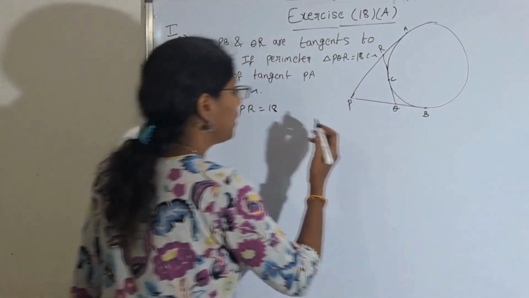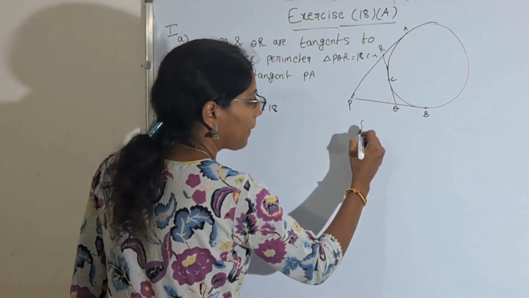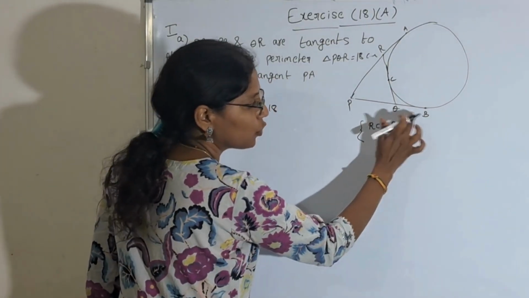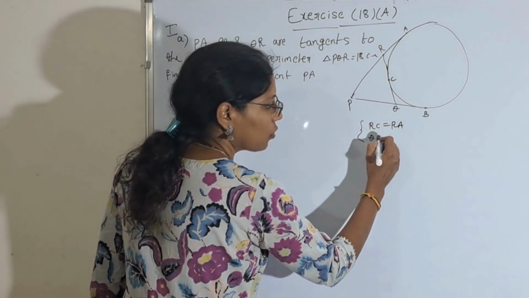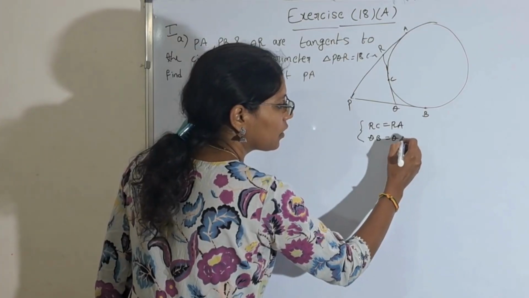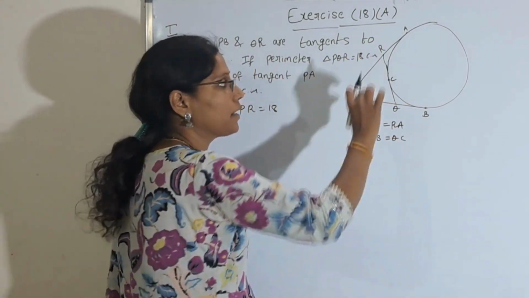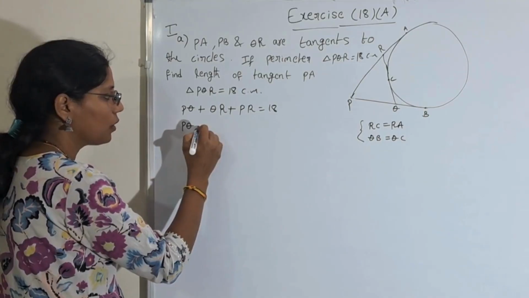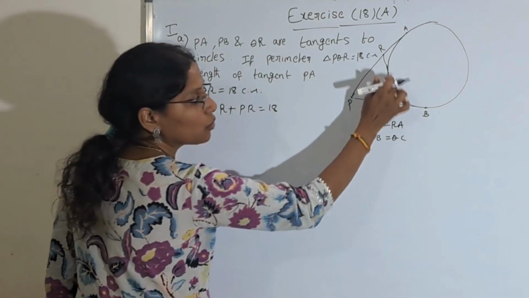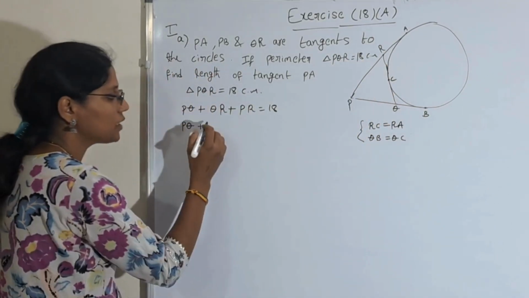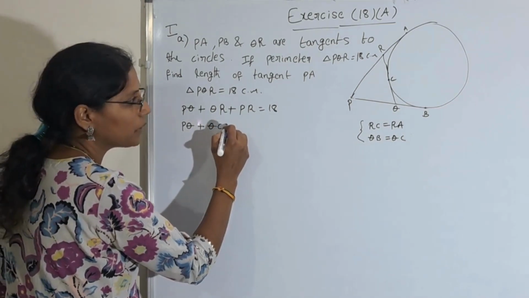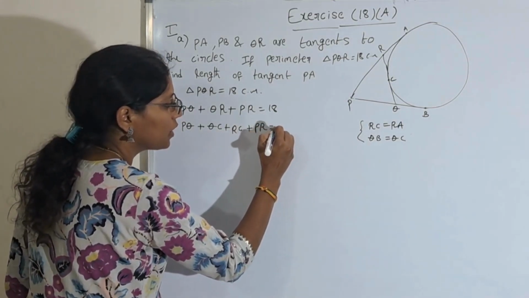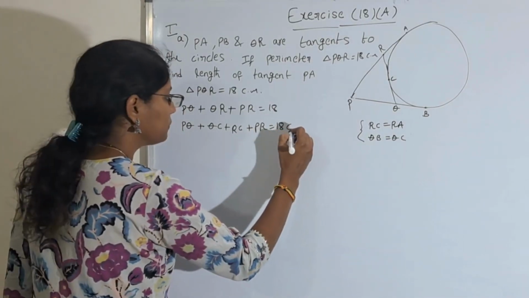We did that at introduction time. RC is equal to RA. Next, here QB is equal to QC. QB equals QC. Now QR plus what can we write? RC plus QC. PQ plus QR plus PR: QC plus RC plus PR is equal to 18 centimeters.